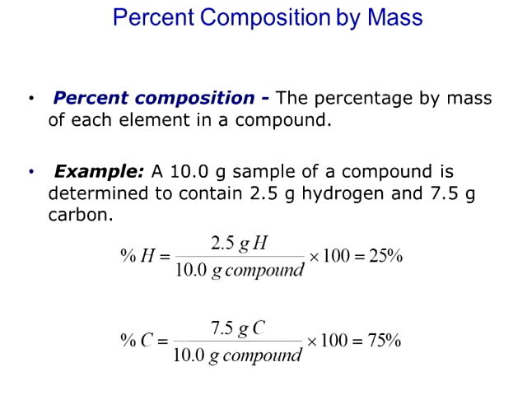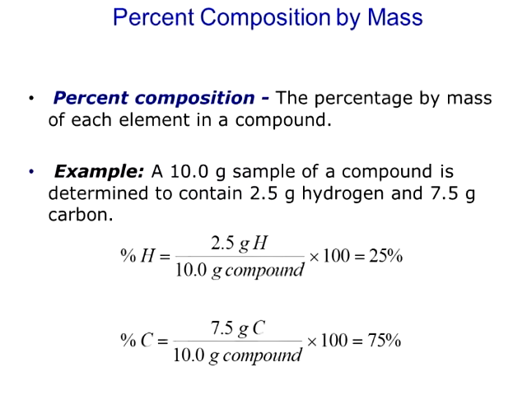So what about percent composition by mass? Percent composition by mass will work the same way: the part divided by the total. Let's take a look at this example. A 10-gram sample of a compound is determined to have 2.5 grams of hydrogen and 7.5 grams of carbon. The 10 grams is the total mass of the compound.